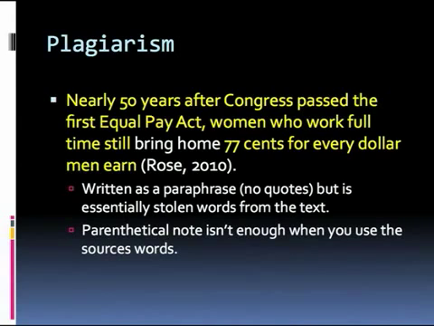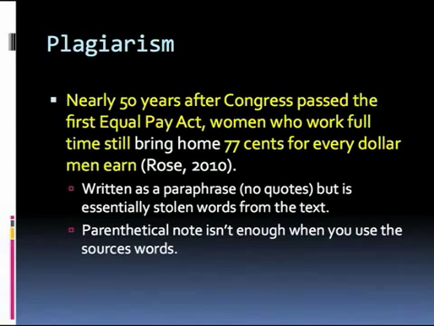This is still plagiaristic because the only words that were changed, they changed earn to bring home. Well, there are two problems here. One, bring home and earn don't mean the same thing. If you've ever had a job, you know that what you actually earn per hour is very different from what you actually bring home. So we don't want to misrepresent the source by making the information false. So that's one problem.